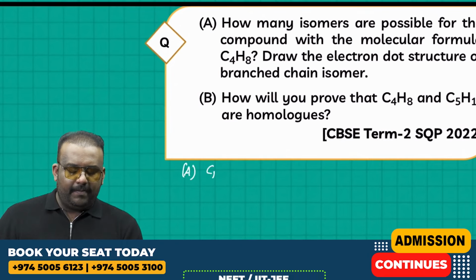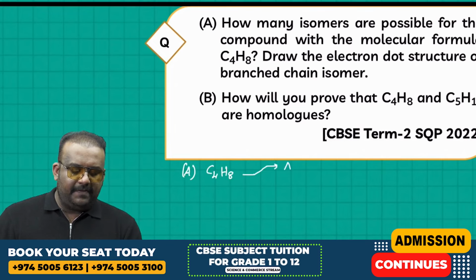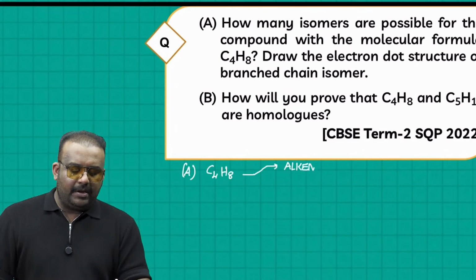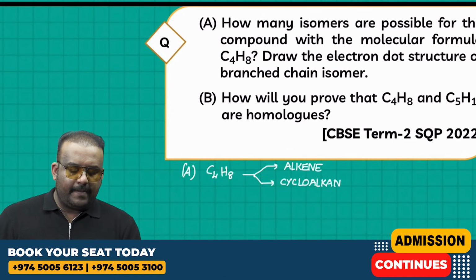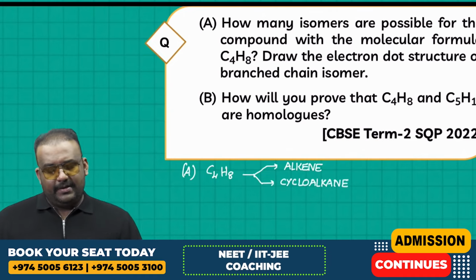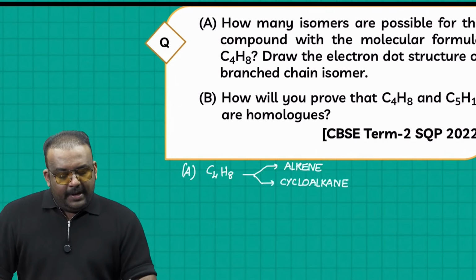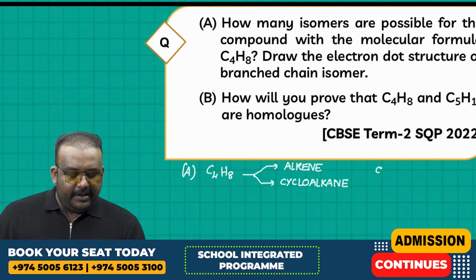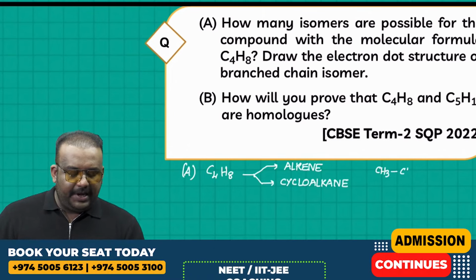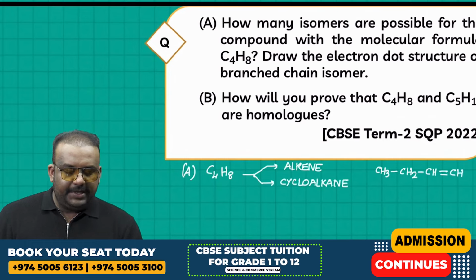So, by looking at the formula, we understand one thing. C4H8. This formula can be the formula of an alkene, or it could be a cycloalkane. Right? So, in this, the possible structures that I can draw for this formula are the first one, CH3, CH2, CH double bond CH2.